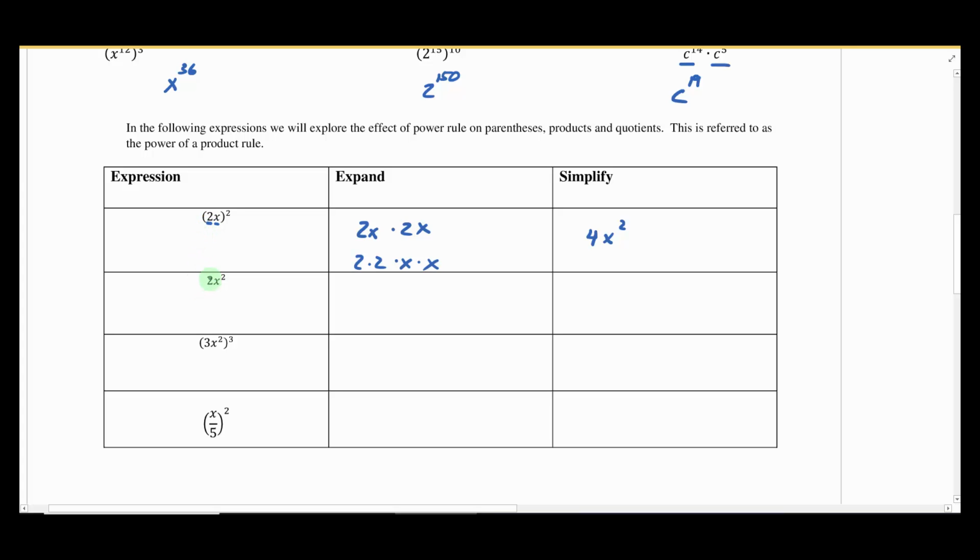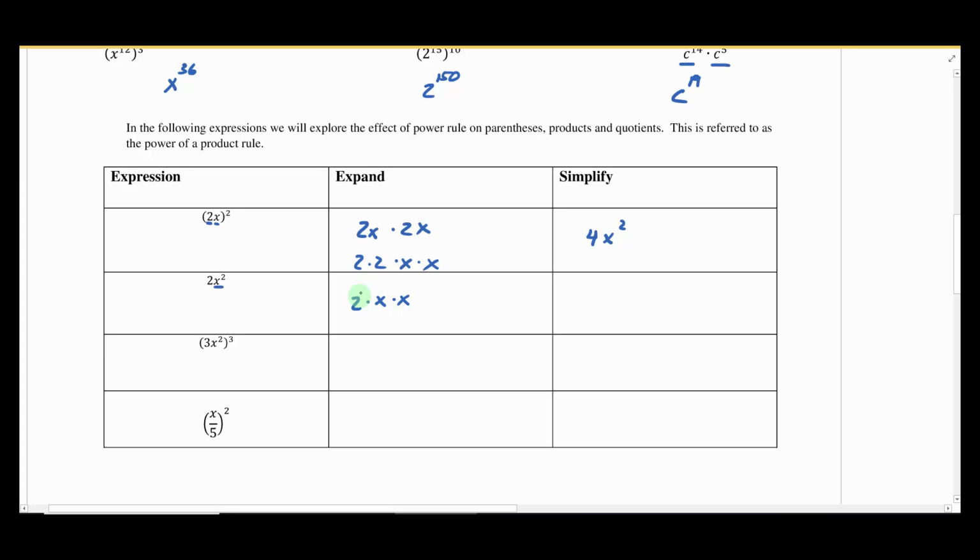Now this one, notice there are no parentheses on the 2x. In this case, the only thing the exponent is being applied to is the x. The 2 is not being squared. So when I expand, I only need one 2, but since the x is being squared, we need 2 multiplications of x.